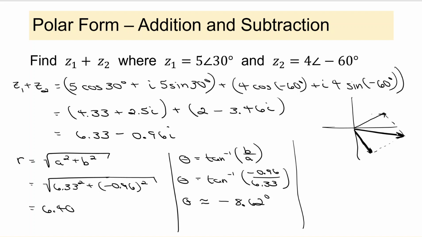So this is a fourth quadrant angle, and that's what I got here. So we're good to go. So this is good. So that means Z1 plus Z2 in polar equals 6.40 angle negative 8.62 degrees.